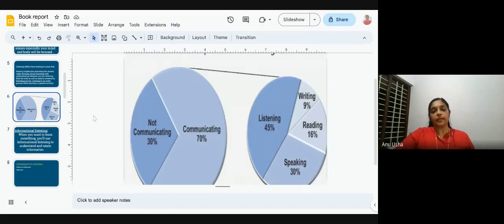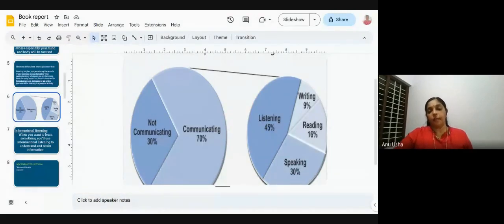And as per the research done by a group of persons, they found out that throughout their life, human beings spend 70% communicating with each other, and 30% of their life is spent without communicating.